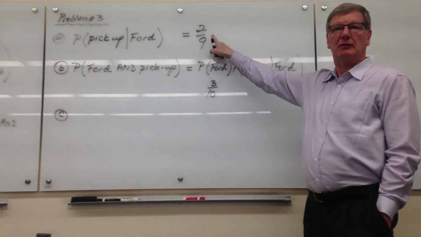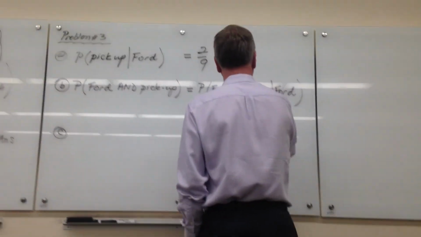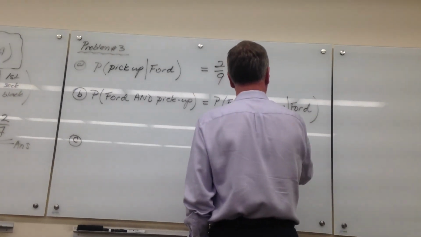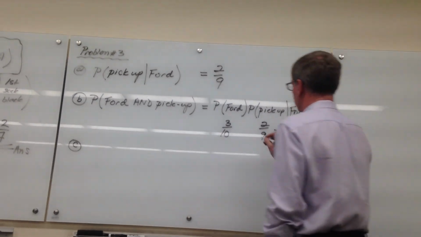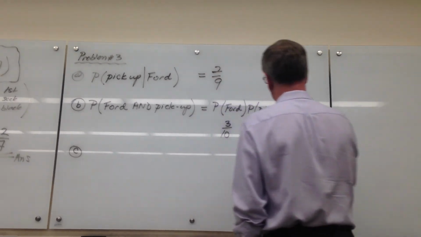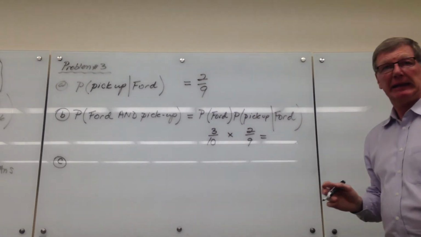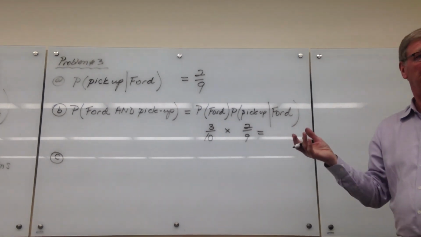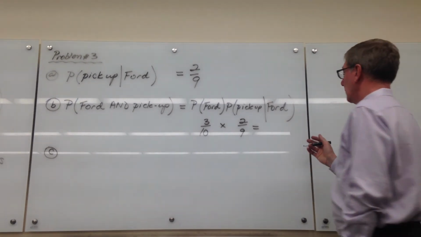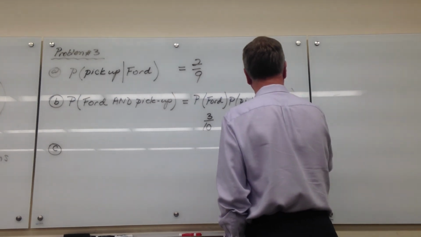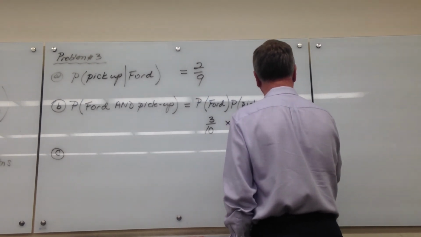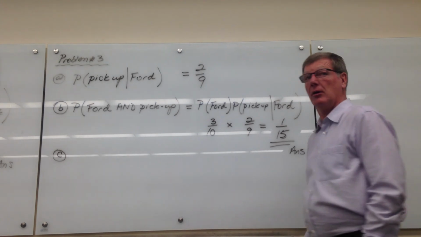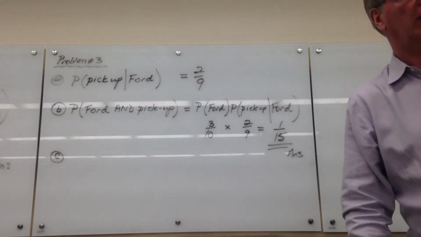That's given in the last sentence of the words. So that's 2 over 9, which equals, well, I multiply the two together, what do I get? 1 over 15. 6 over 90 or 1 over 15? Okay?